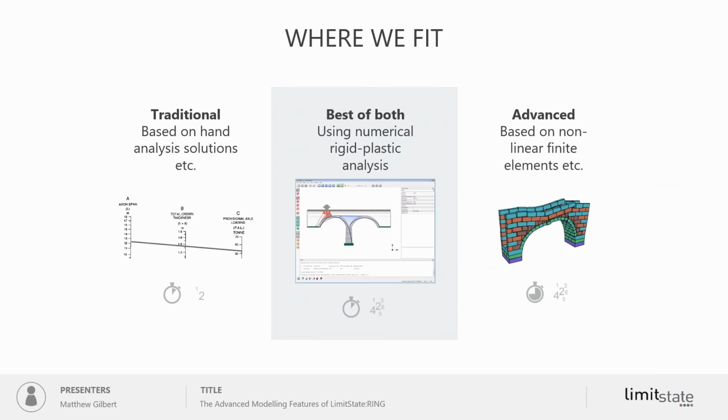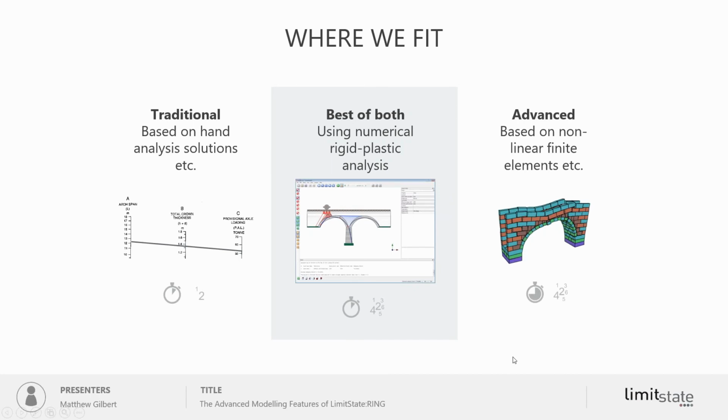In terms of where we fit, there are lots and lots of tools out there to analyse engineering structures of various different sorts. I think you could categorise them as being traditional hand calculations of the sort you find in textbooks, which we might automate in a spreadsheet or in a simple software application. So that's on the left-hand side of the screen there.